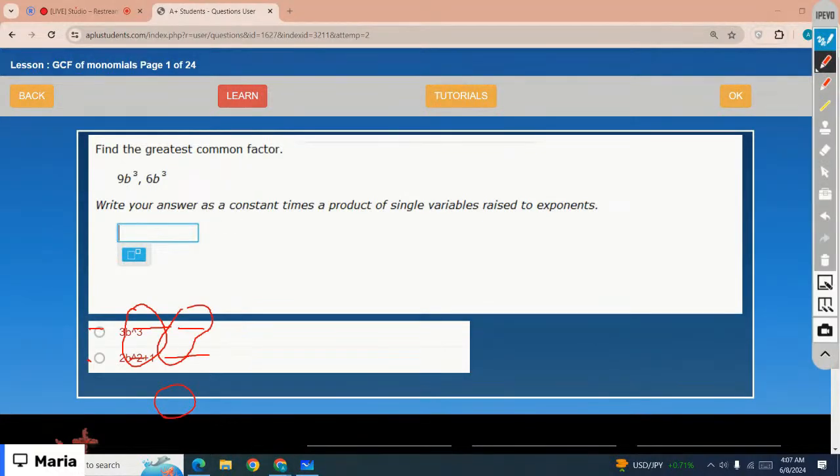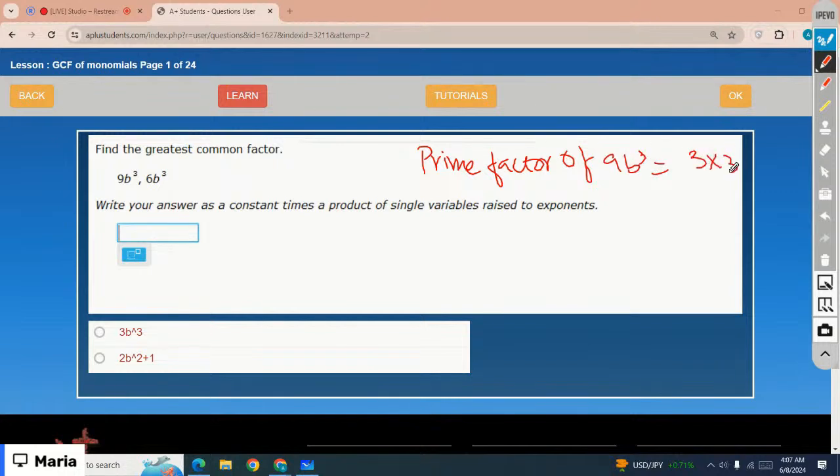So let's just do the prime factorization of prime factors of 9b cube. That is 3 times 3, b times b times b. Same way you have to do 6b cube. That is 3 times 2, b times b.